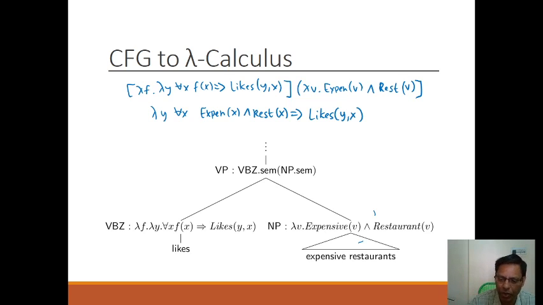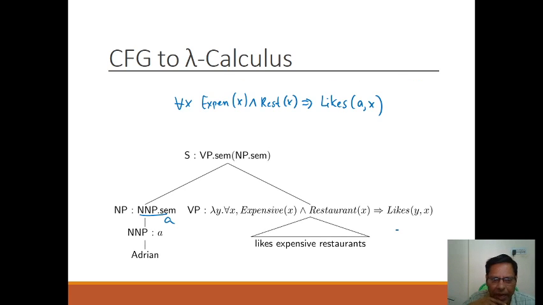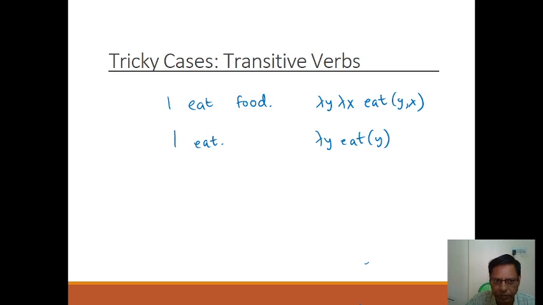Here it is a Boolean relation. Here it is the binary relation. Okay, and here in context free grammar to lambda calculus, the statement is again divided into phrases. How the statement is divided and converted into machine language. Okay, Adrian likes expensive restaurants.